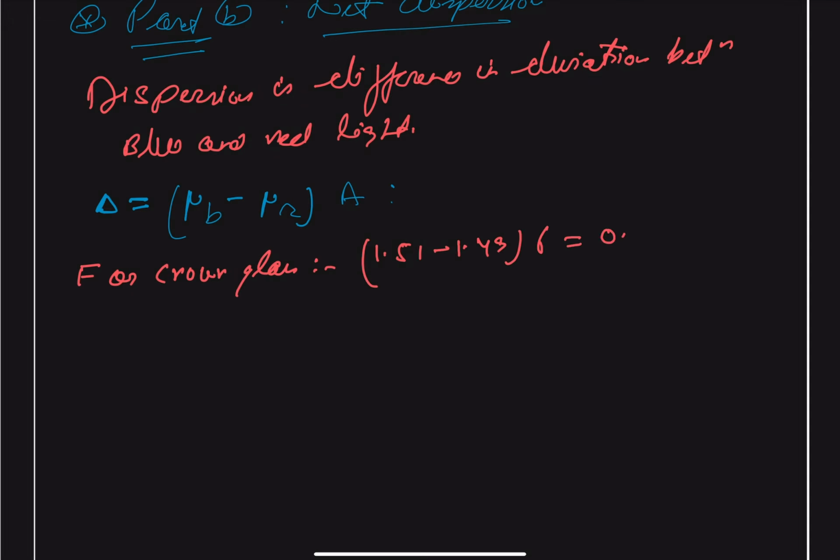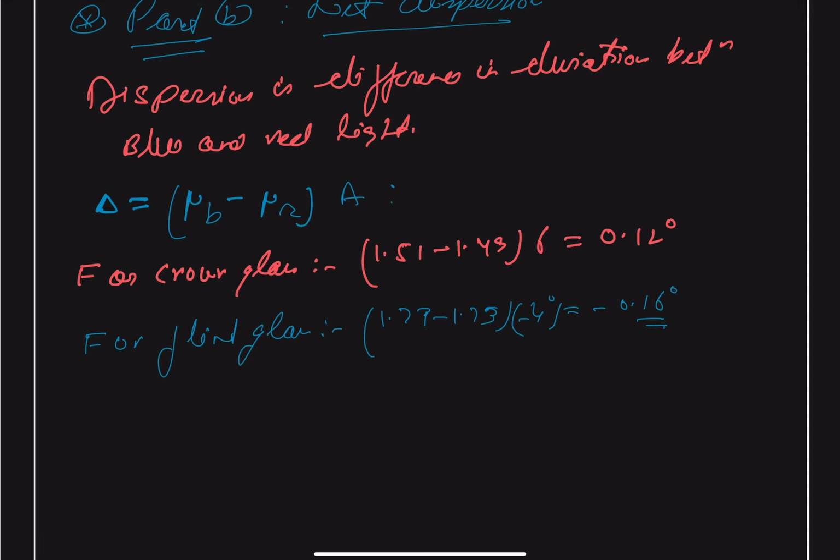This comes as 0.12 degree. And for flint, this comes as 1.77 minus 1.73 multiplied by minus 4, and this comes as minus 0.16.